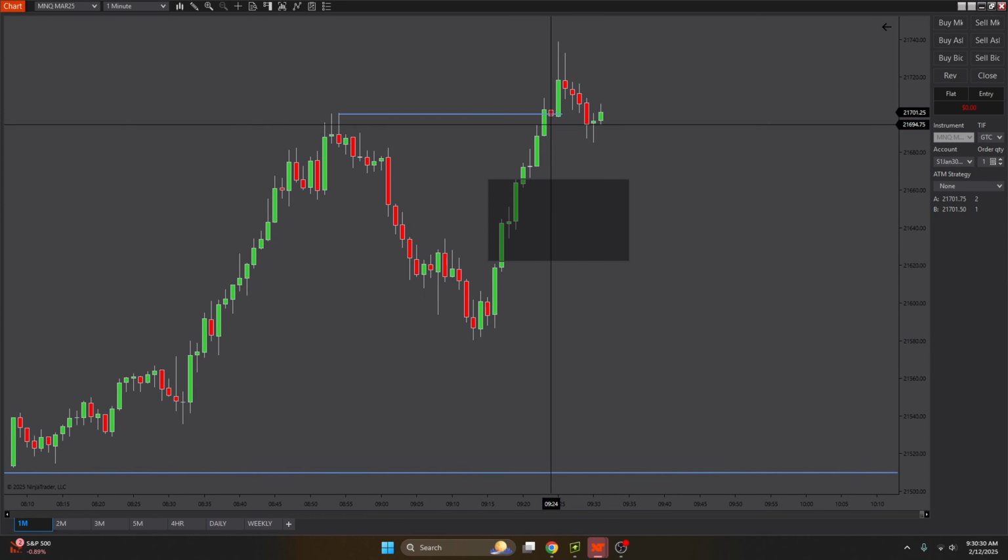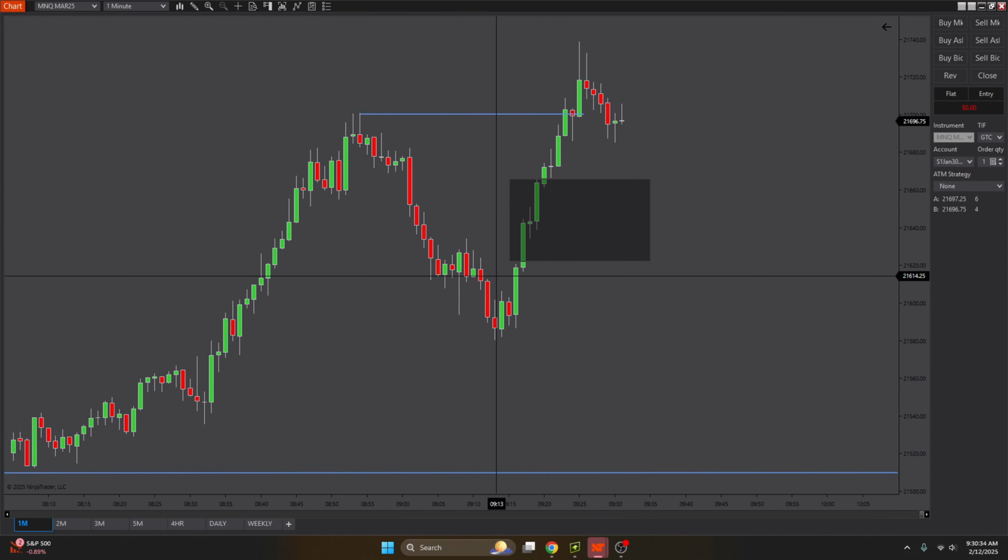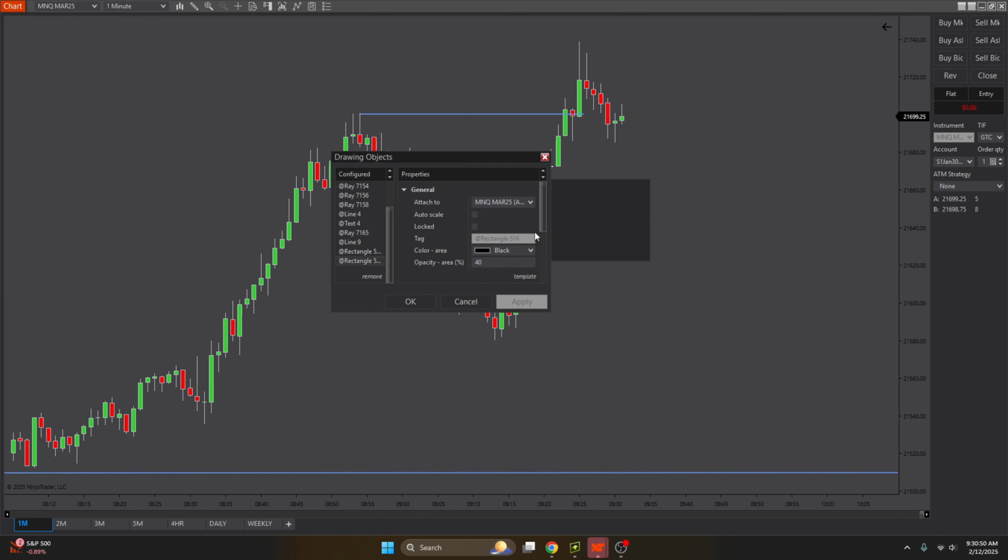Man, this one right here was a good long. This might have been the only play for the day, especially, I mean, this was early 9 macro time. And of course, I don't really trade inverses, trying to look into them still. But I don't know why my 1 minute is acting like this.